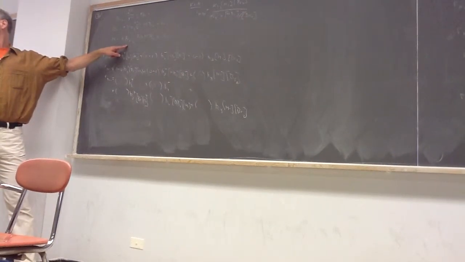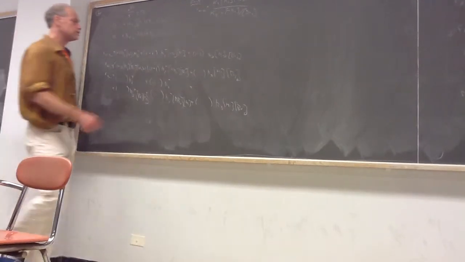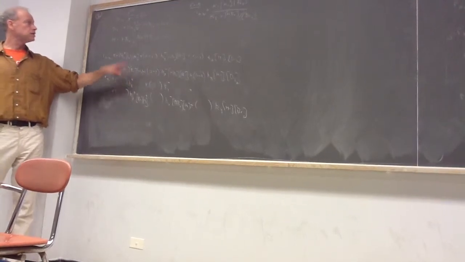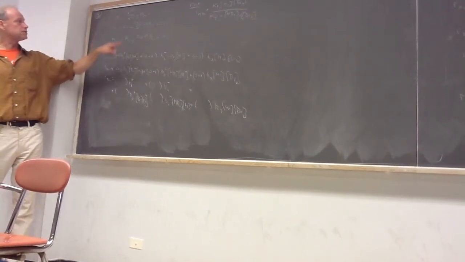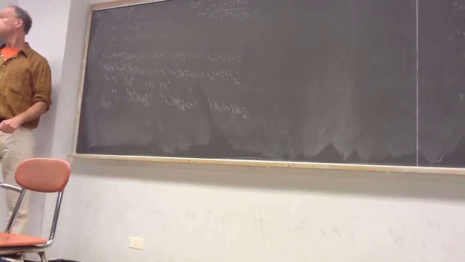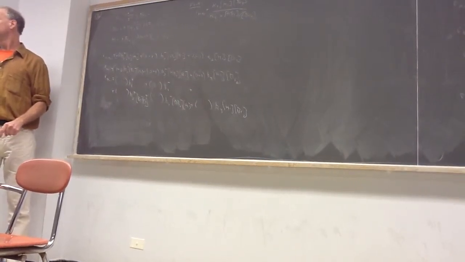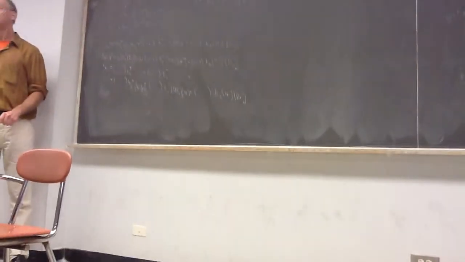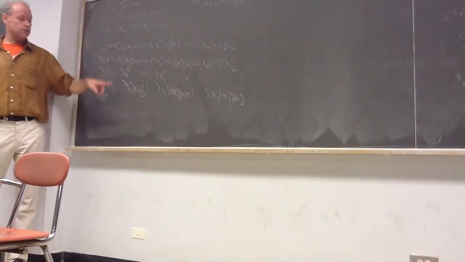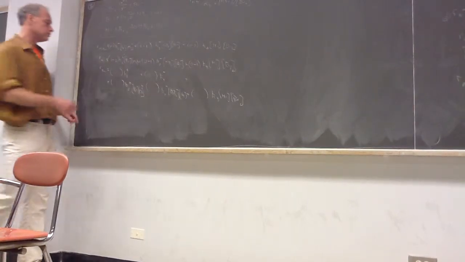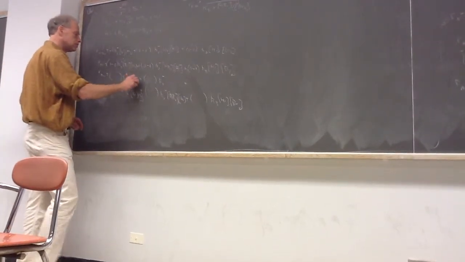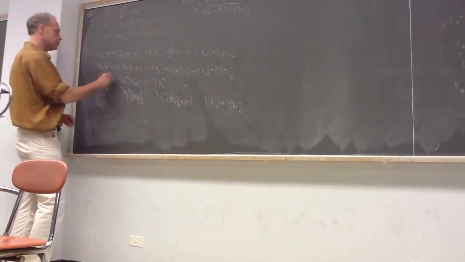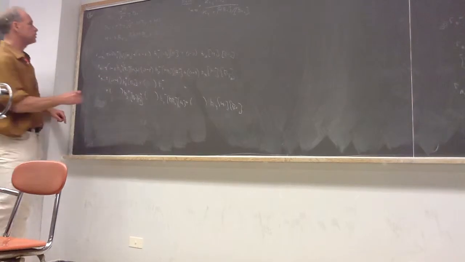Okay, now I need to solve for H dot. So the first thing I can do is add these two equations. 0 plus 0 is 0. If I add these two, these terms cancel, these terms cancel, and these terms cancel, and the only thing left is these two terms.